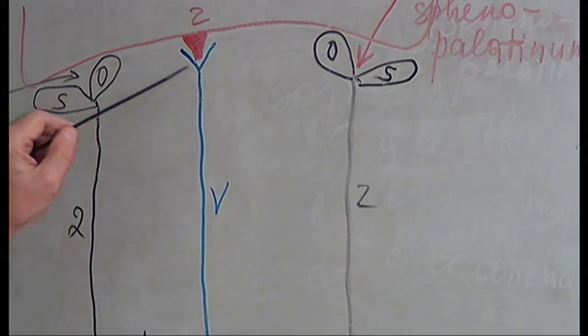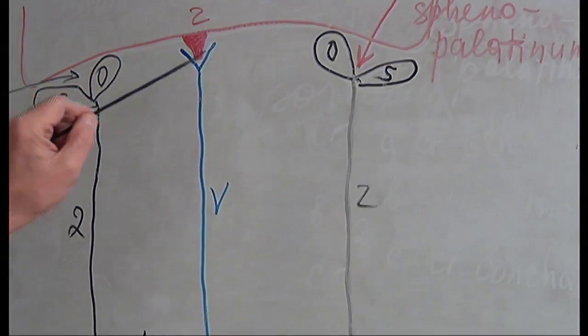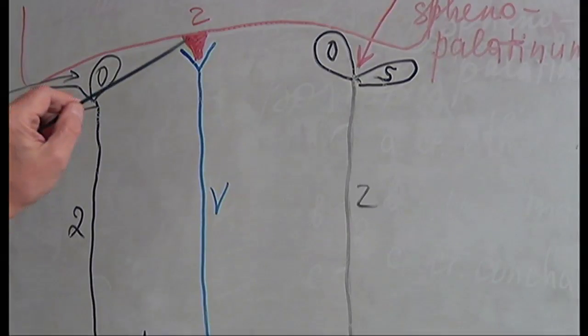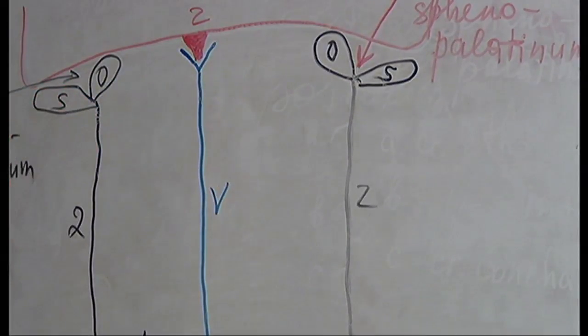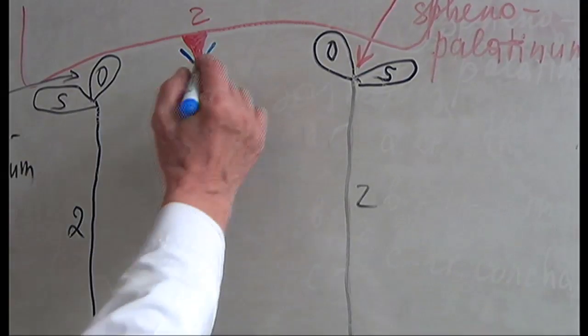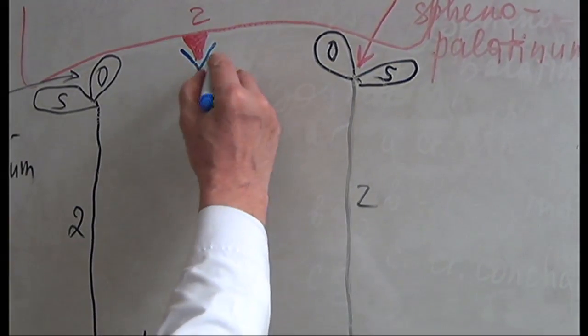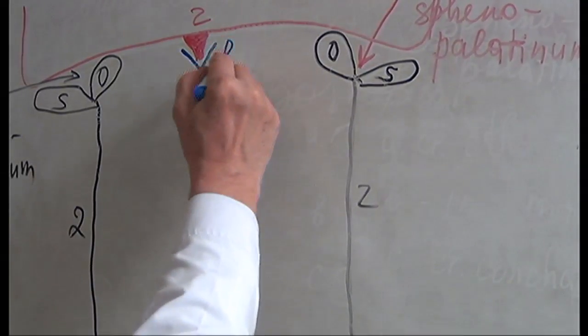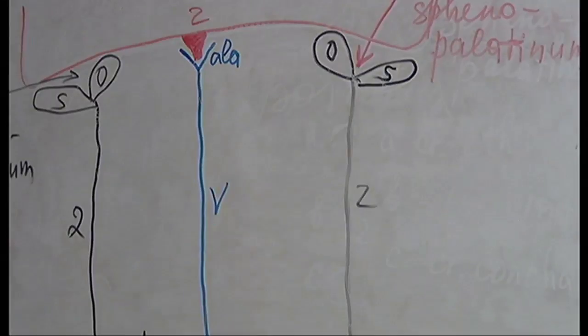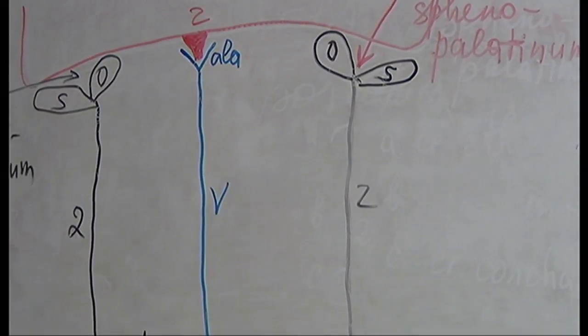And vomer, in the place of connection with the rostrum, has these two symmetrical parts which are named alae. Ala means wing. Ala dextra and ala sinistra.